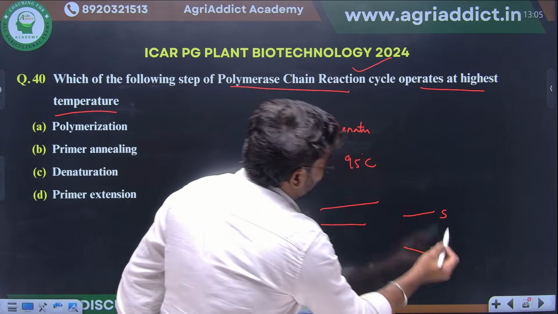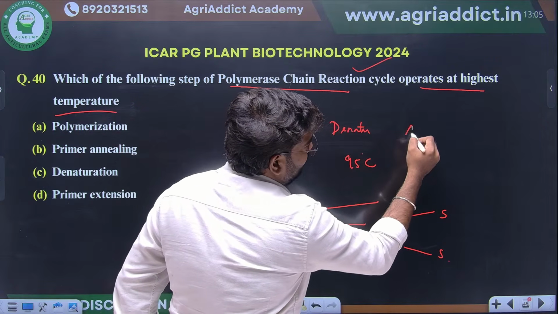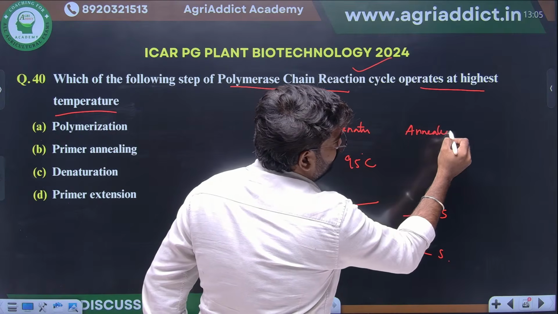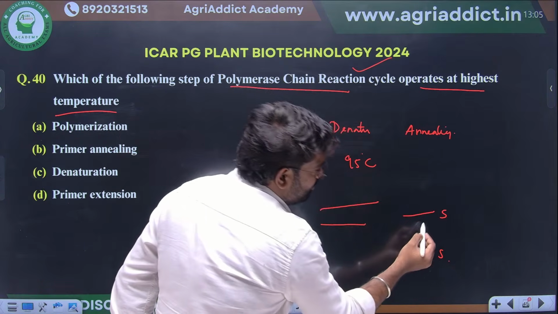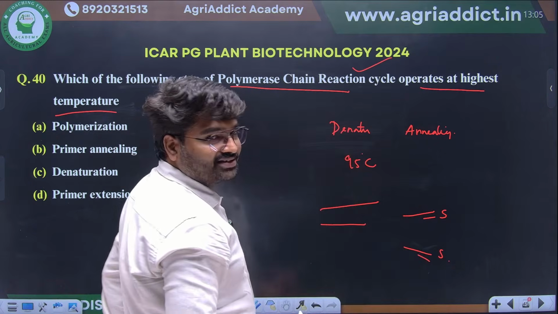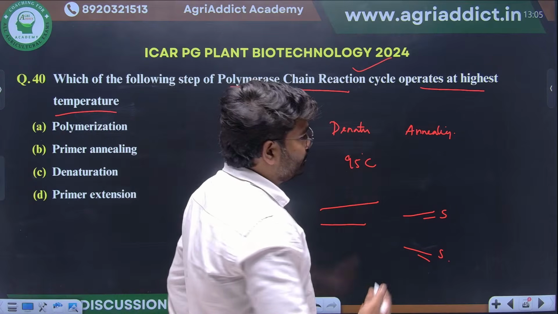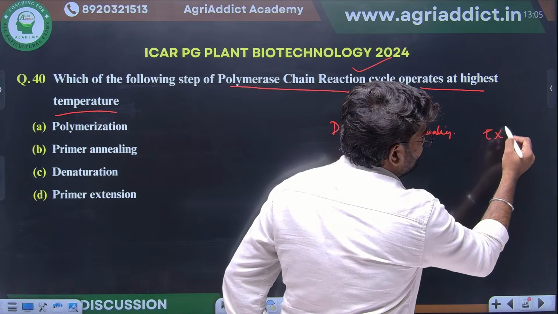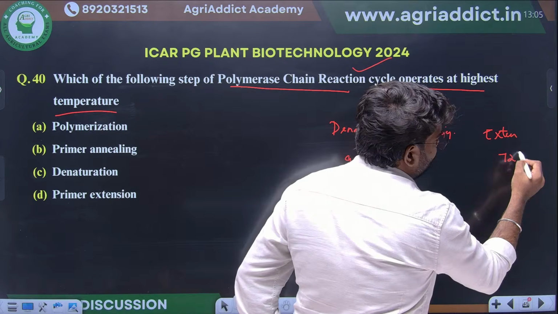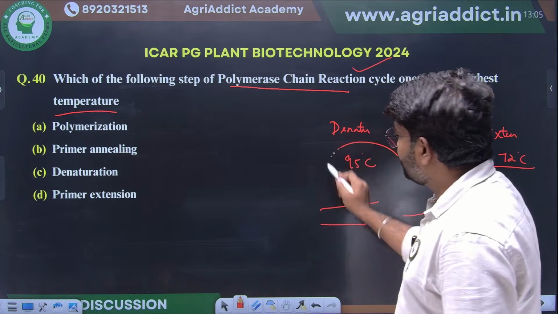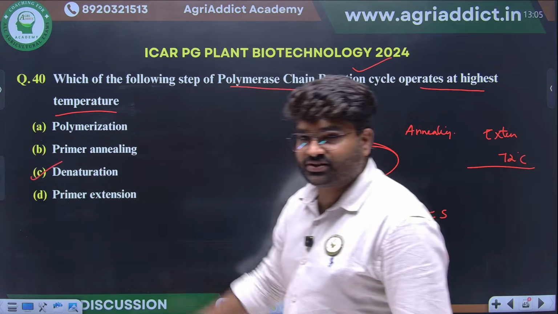Then annealing temperature, where our primer will bind, based on the primers used. Third is extension, which we keep at 72 degrees Celsius. So the right option is 95 degrees Celsius denaturation. Excellent.